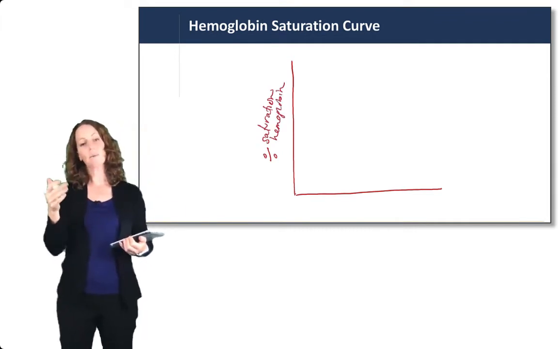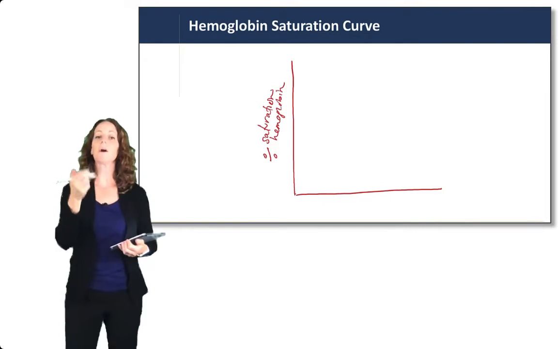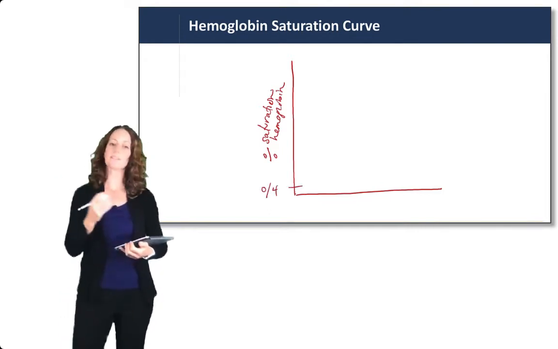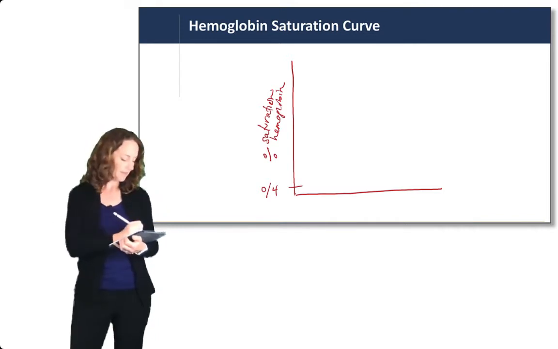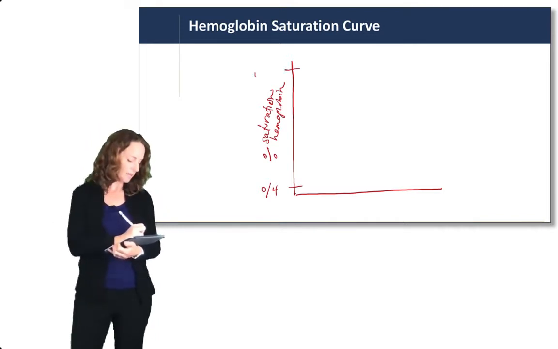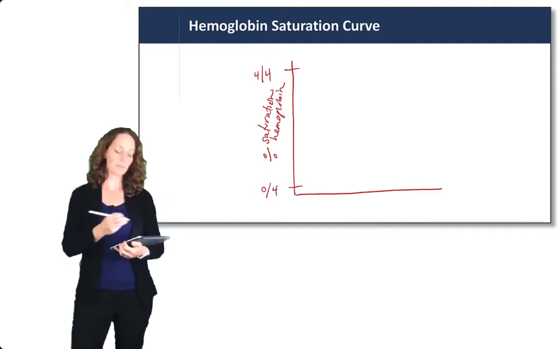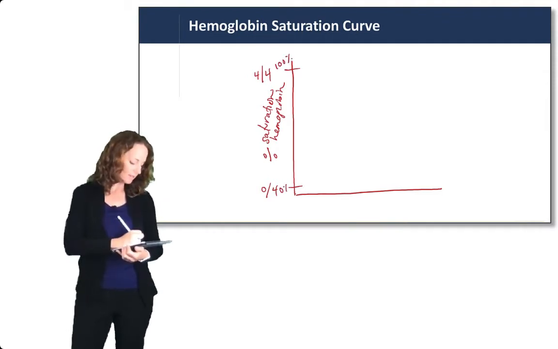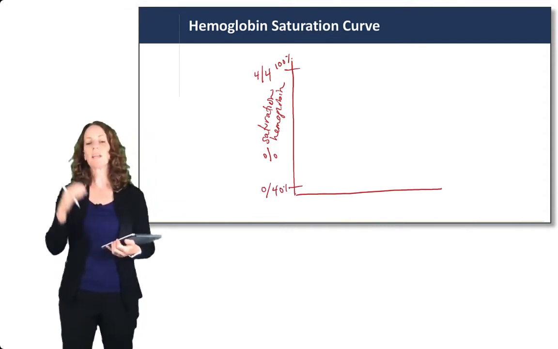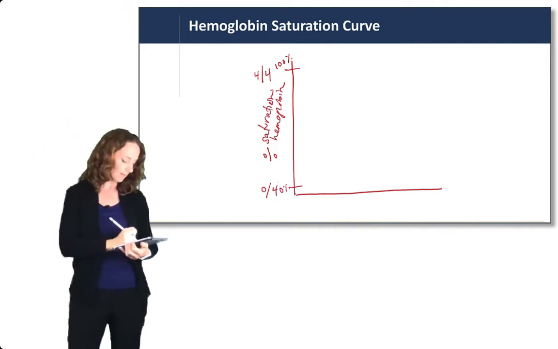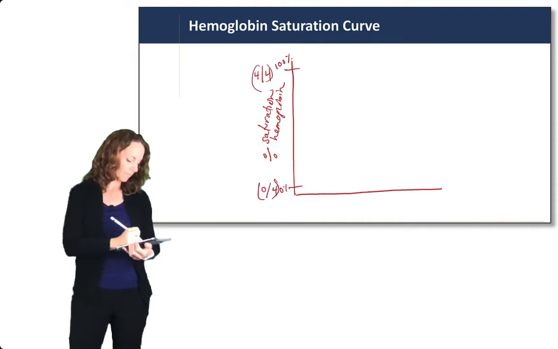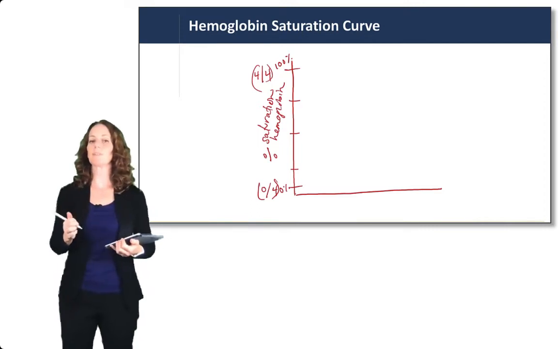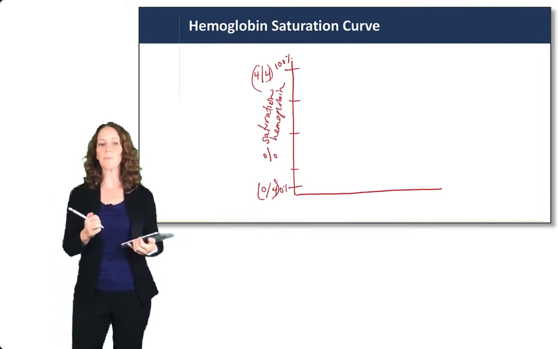As we just said, we can go anywhere from 0 to 100% saturation. So 0 being 0 out of 4 sites bound, and 100% being 4 out of 4 sites bound. So we're going to range from 100% saturation to 0% saturation. And then we can mark in between: 25, 50, 75, 100% saturation possible.